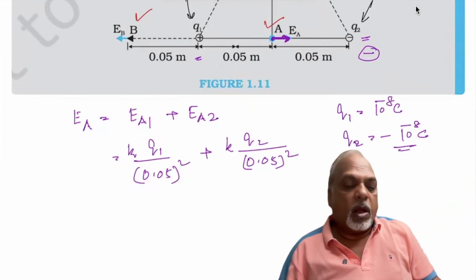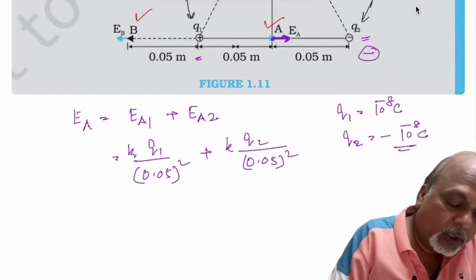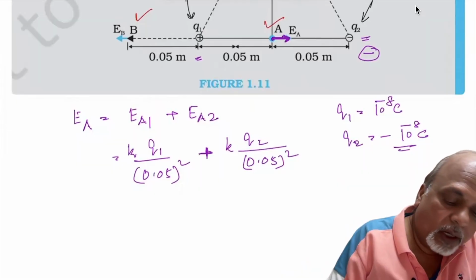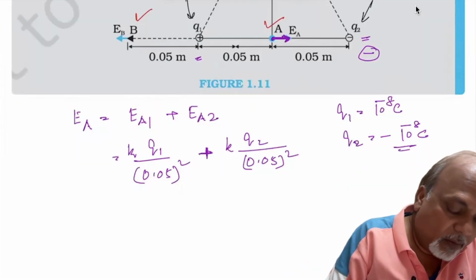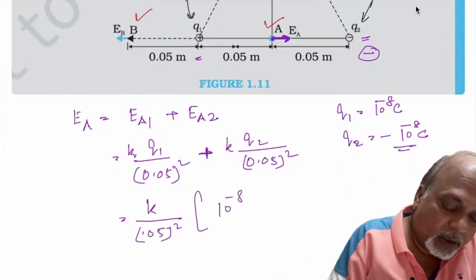Correct. Now, since we have taken the direction of this, that's why we have put plus here. That means you just put K, 0.05, 10 raised to minus 8 plus 10 raised to minus 8.